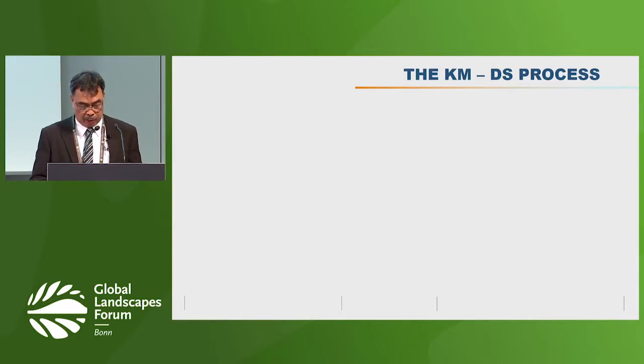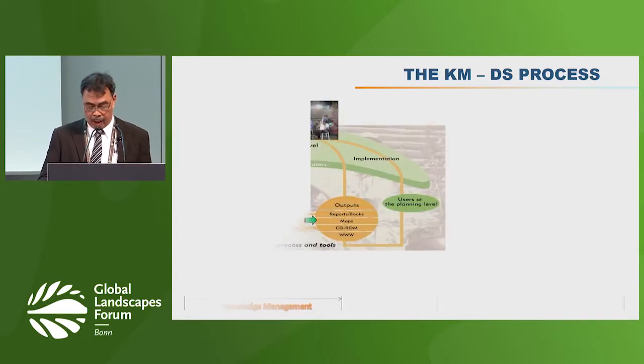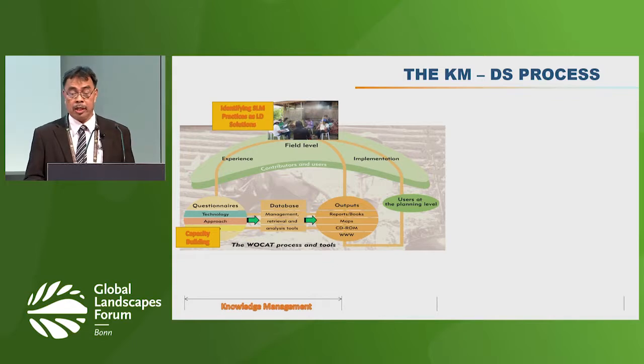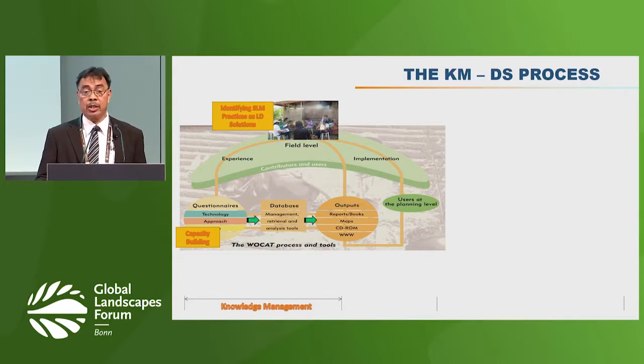And I would like to show the process that we did through the WOCAT process and tools. Basically, we capitalize on the land users' experiences, which were shared to us by national government agencies, by local government units, by academe, by civil society organizations, and even the private sector.